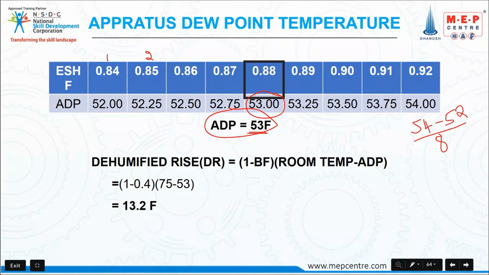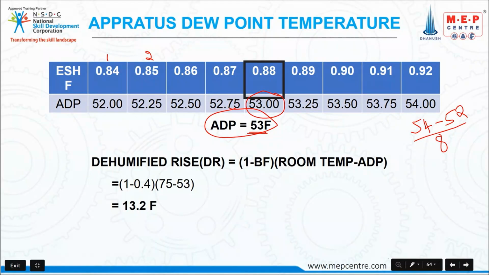If you are supplying 53 degree Fahrenheit into the coil, the output, the chilled water return temperature, is 66.2 degree Fahrenheit. 53 plus 13.2. Due to dehumidification in the coil, the water temperature rises by 13.2 degree Fahrenheit, which is called dehumidified rise.